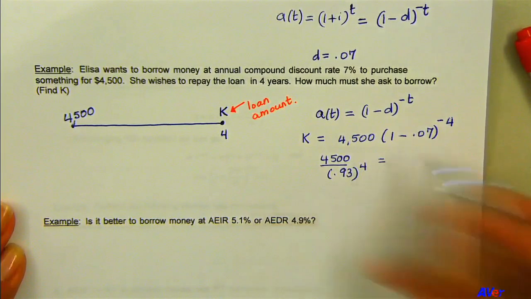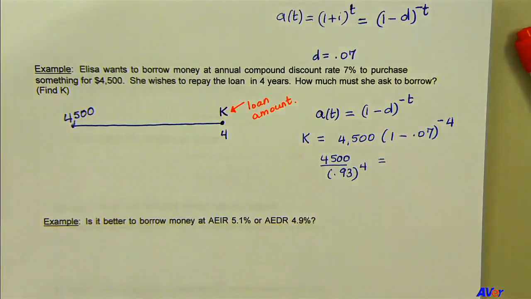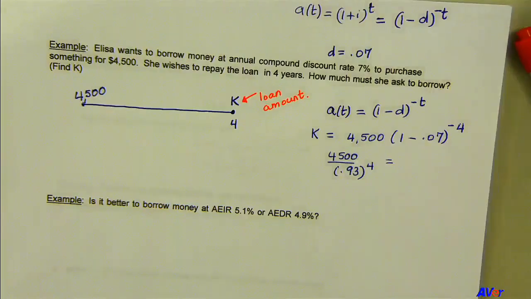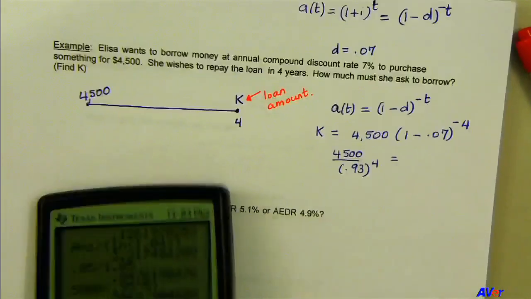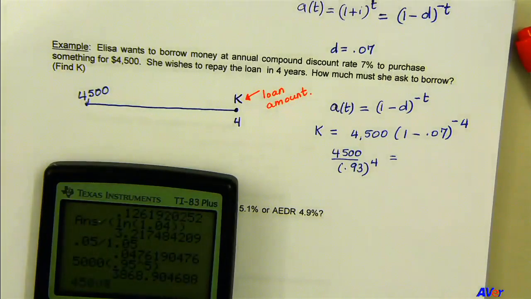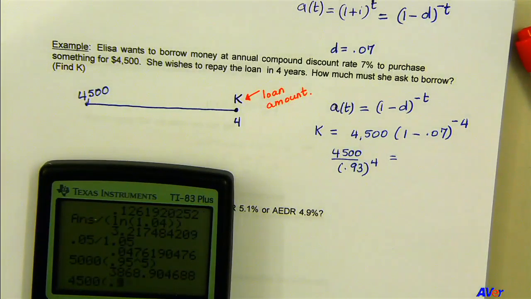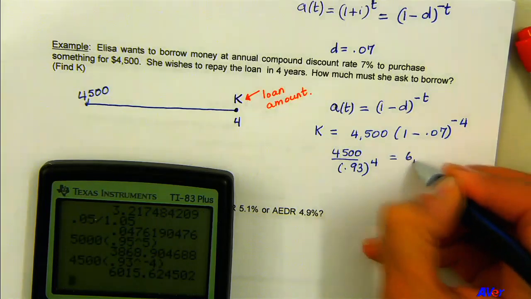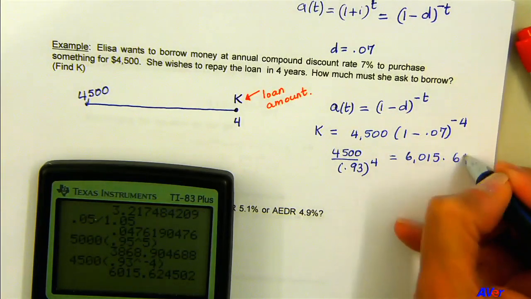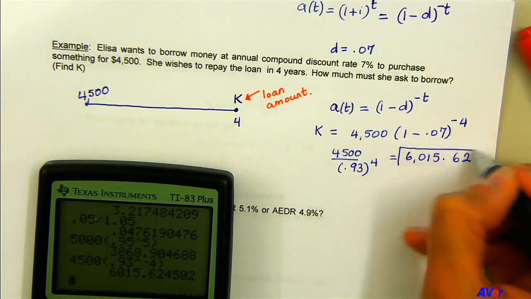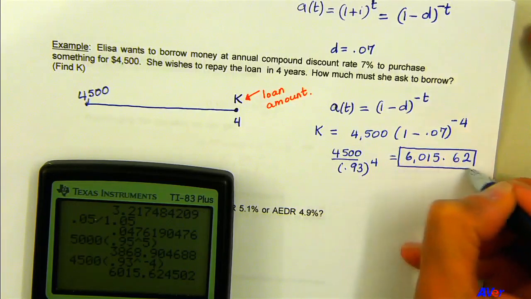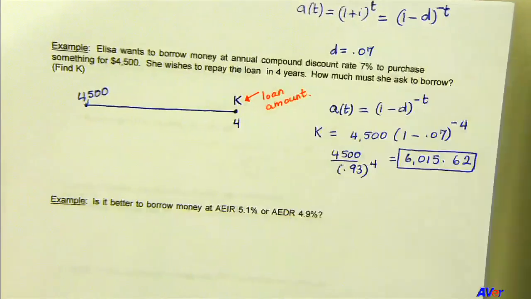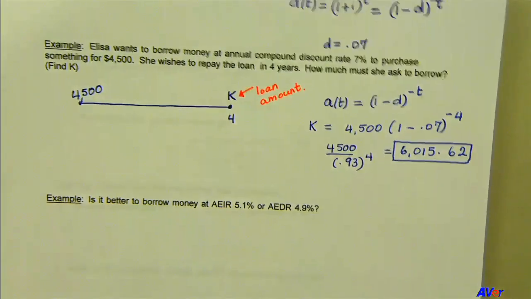That gives me 4,500 times 0.93 raised to the minus 4, which is 6015.62. So she should ask to borrow $6,015.62.